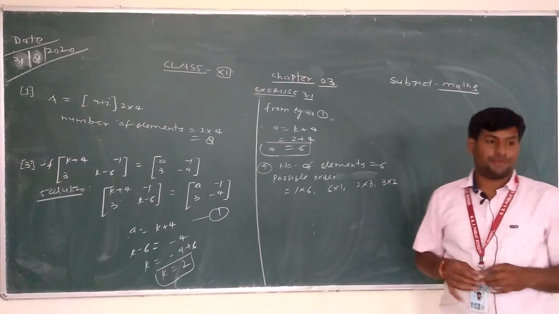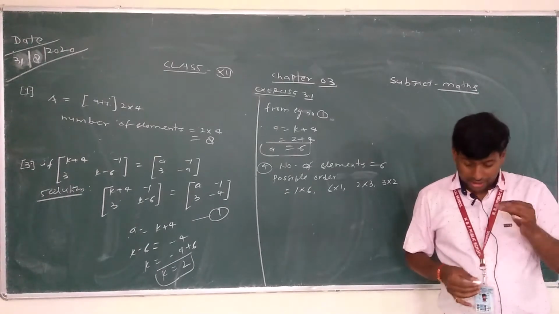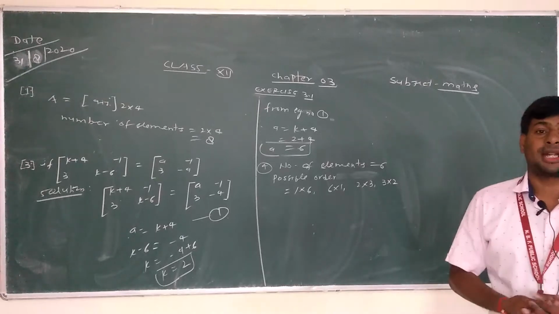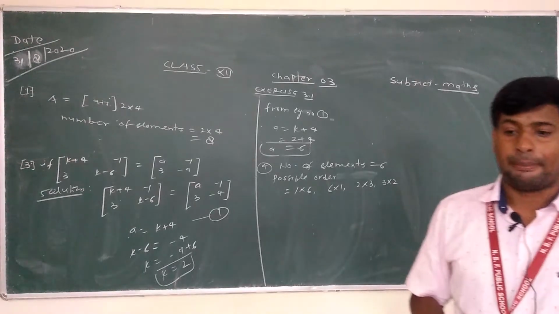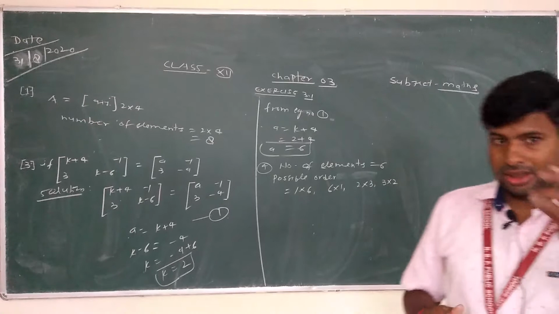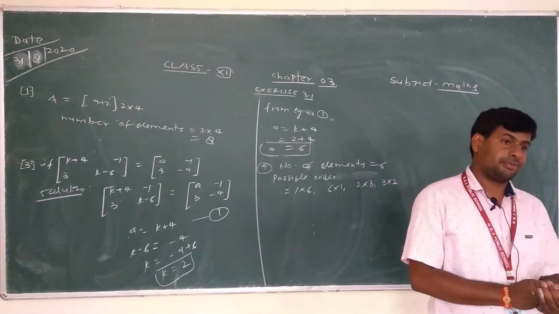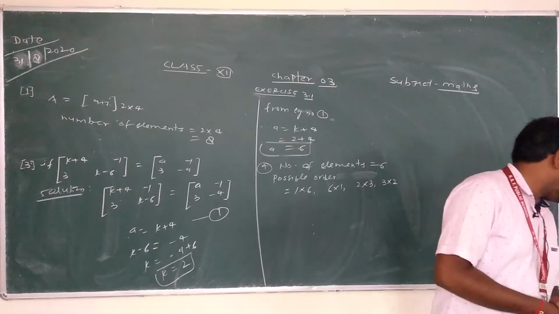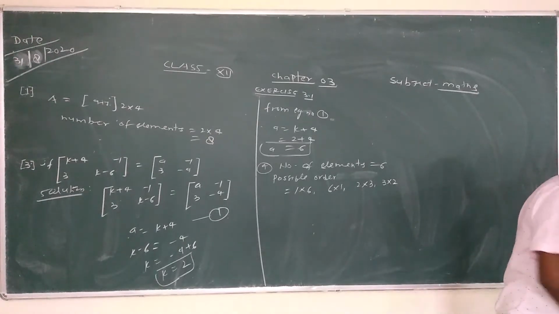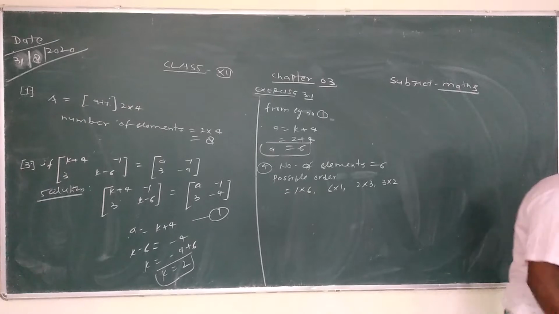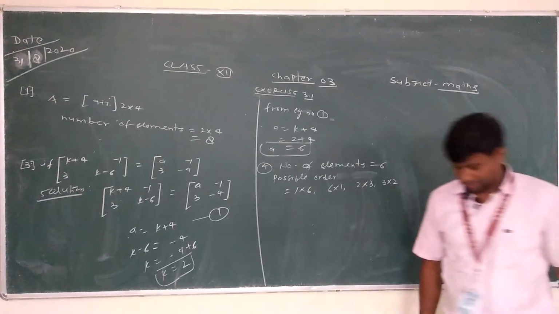Then question number 5. In question number 5, a particular element of a matrix can be explained by its definition. Then our aim is to find the matrix. So we start with question number 5. Let's see, it is a most important question.